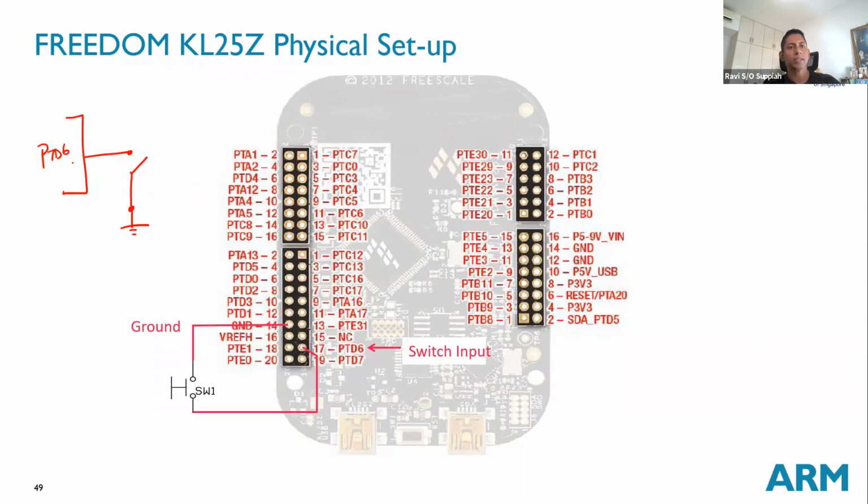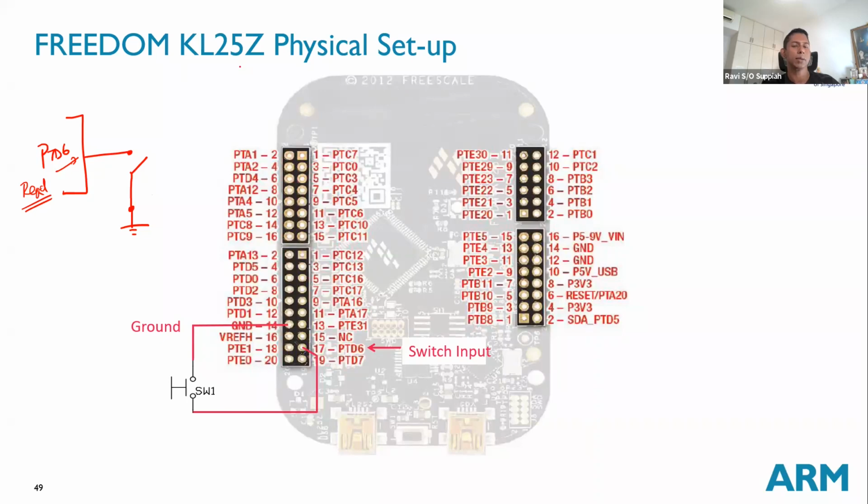If I configure port D pin 6 as input and try to read this pin value, what voltage value will I get? Any idea? Yes, correct, it is a floating pin. It's not connected to high or low, which means you could get some random value, some noise and things like that.